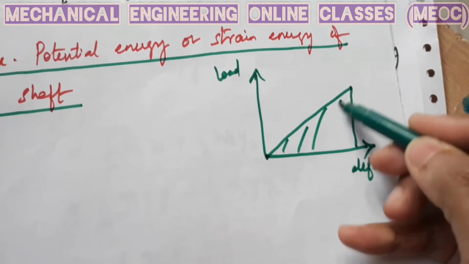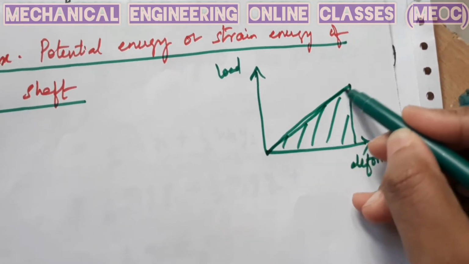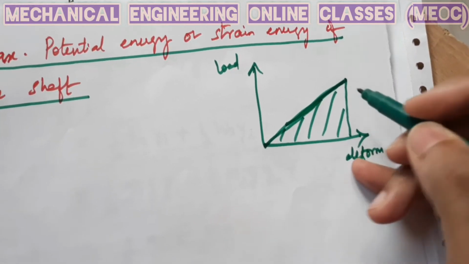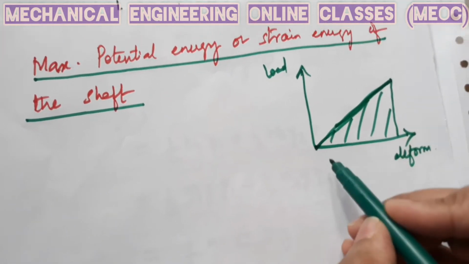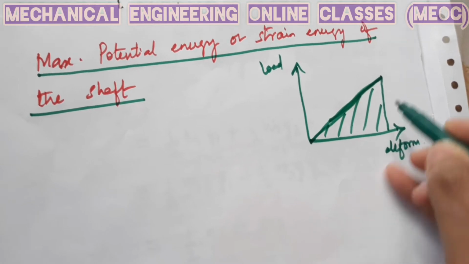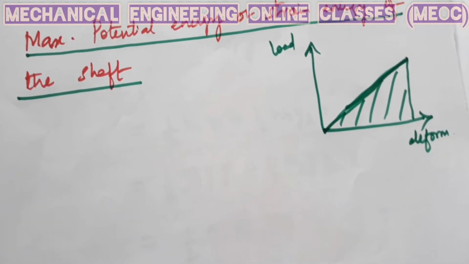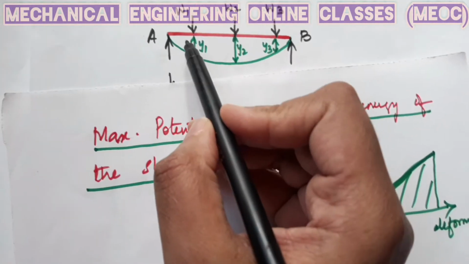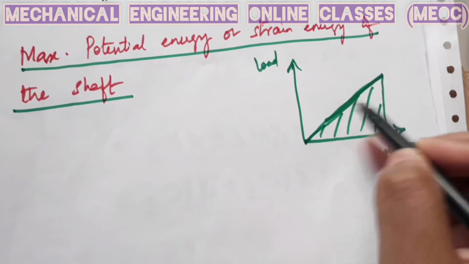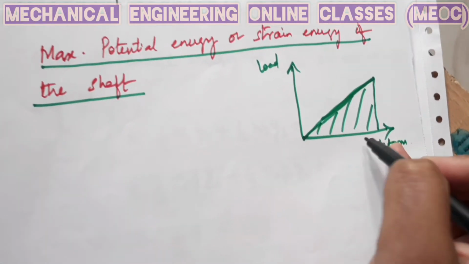So the area under this particular curve gives us the strain energy, which is nothing but half into this length into this height, the area of the triangle. Therefore, if W1 is the load, then Y1 is the deflection. So if this is W1, this is Y1.